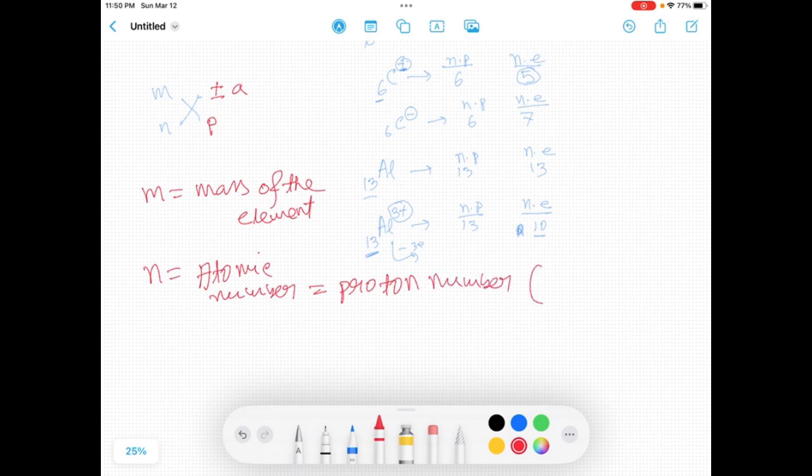And you can also remember it is equal to the electron number when it is neutral.